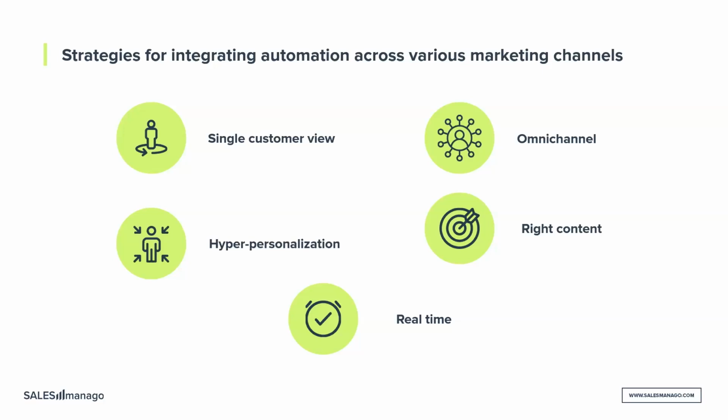Inbound is absolutely amazing, but if you don't take care of the right distribution, you can be there with your beautiful content that is helpful and gives a lot of value to a customer, but the customers won't come because they have no idea that content exists. So figure out the distribution, and automation through workflows can grant you that, because you will be in charge of the distribution of the right content for your target group.